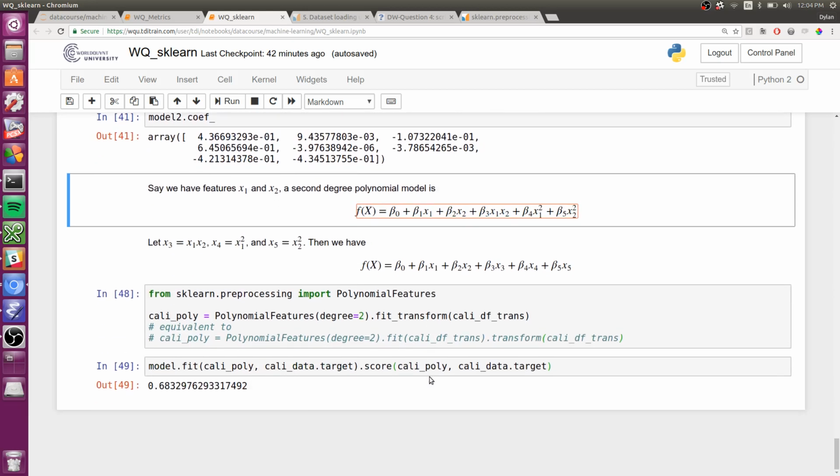I'll talk a lot more about this next week when we talk about model selection and bias variance trade-off, which I introduced in a lecture this week, but we'll be talking about bias variance trade-off much more next week.